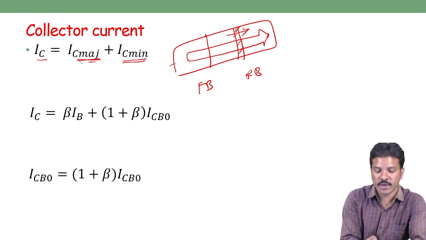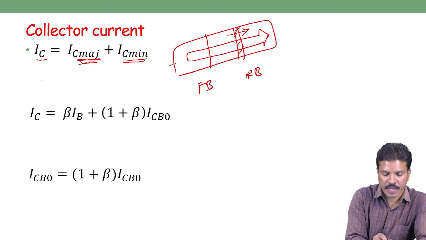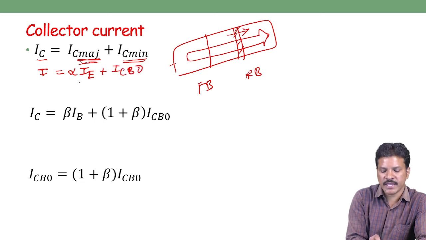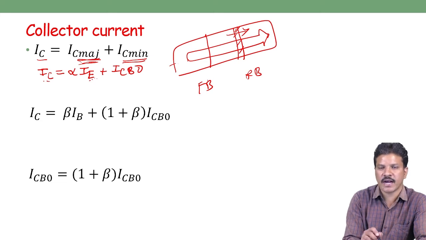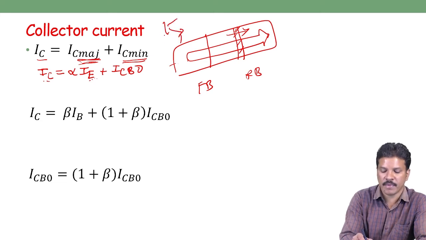So how do we measure collector current in common emitter? We have a formula from common base configuration: IC is equal to alpha IE plus ICBO. But IE is not the input current in the common emitter. In the common emitter, base is input. So in order to get this entire equation in terms of input and output current, we replace IE.